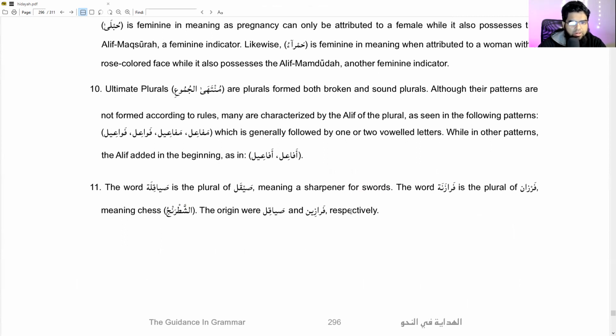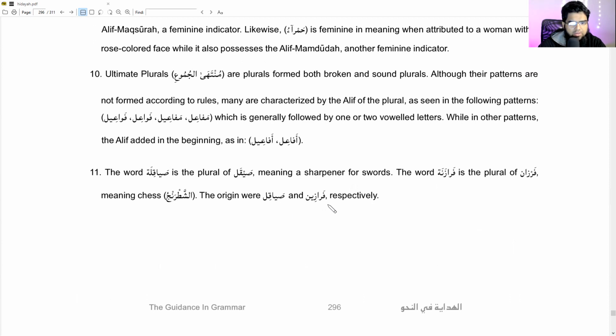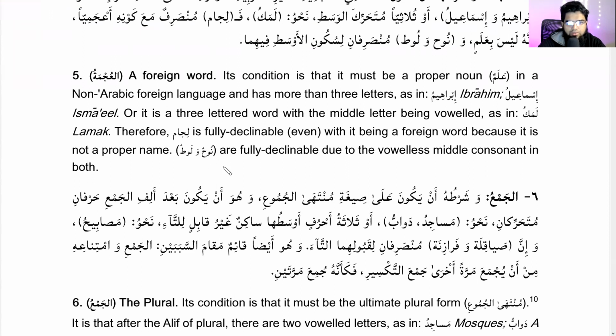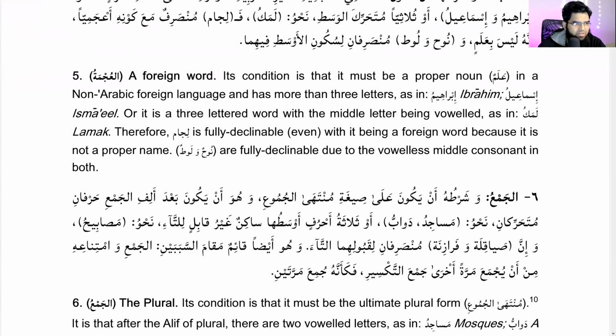The origin were sayaqil and farazin, respectively. Okay, fine. We have to go to the last bit for footnotes. All right, good. I believe we should have it after every word.